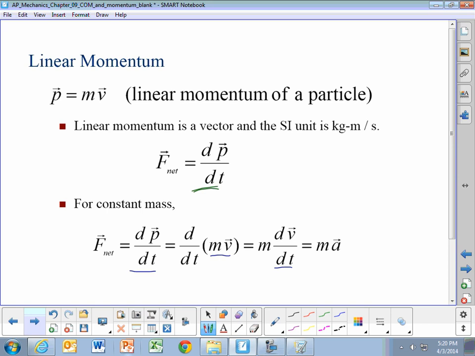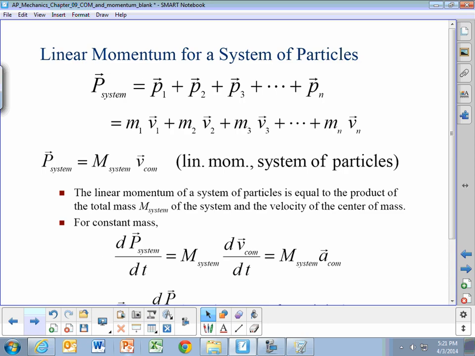So we would have v times the rate of change of mass, dm dt, plus m times the rate of change of the velocity, dv dt. So we would have two pieces, and we would have to put both of those pieces together to look at the net force on an object. And if we have a system of objects, then the total momentum of the system is the momentum of each one of the individual objects together.